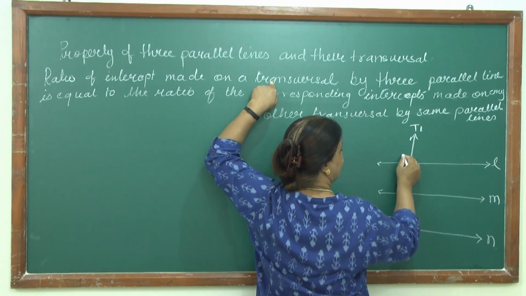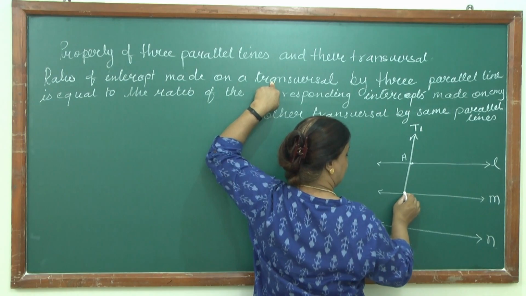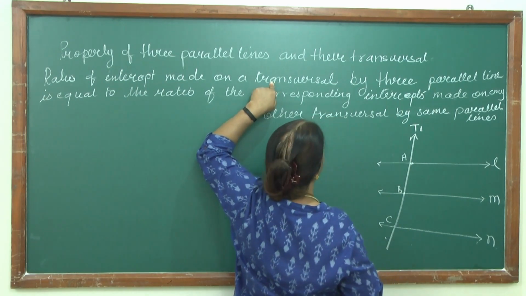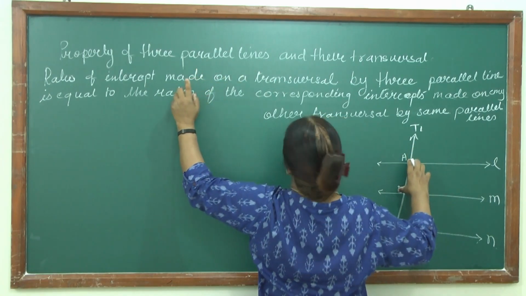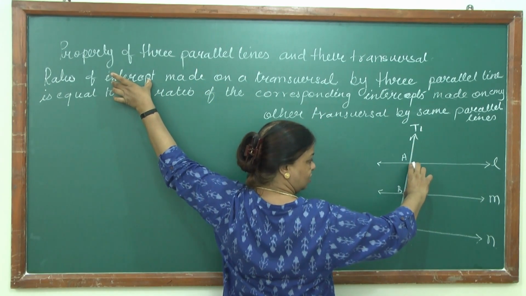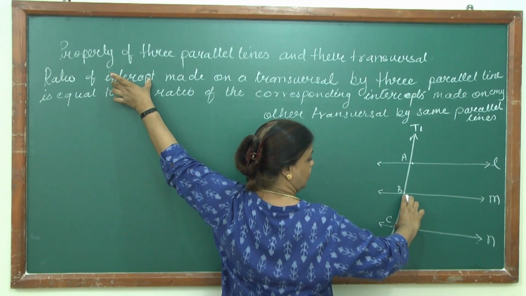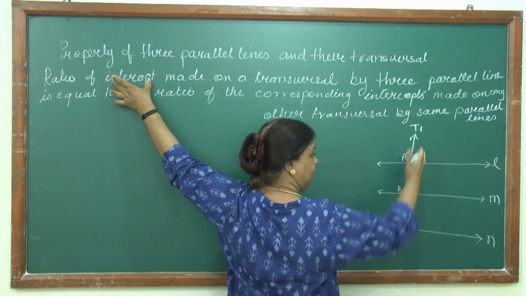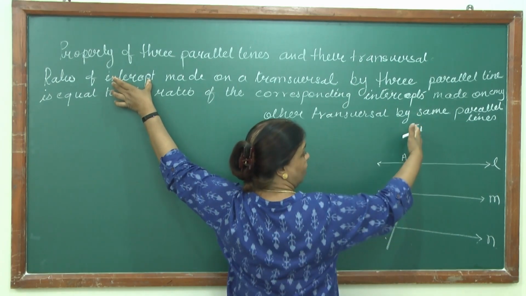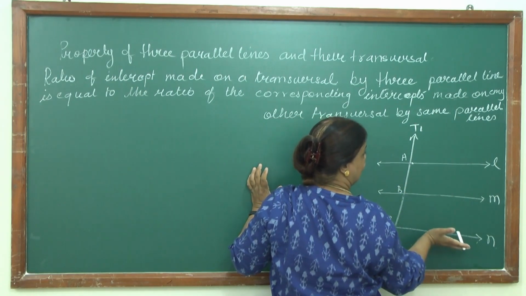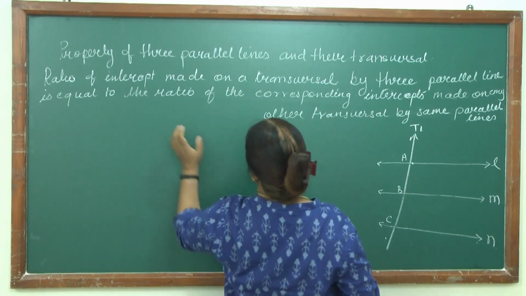T1 is cutting L at A, M at B and N at C. So the ratio of intercepts, this is an intercept children and this is another intercept, so this upon this.